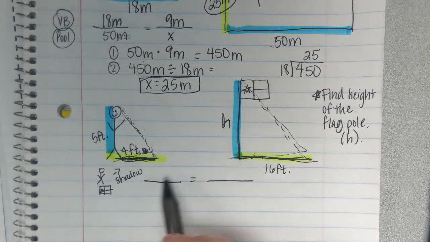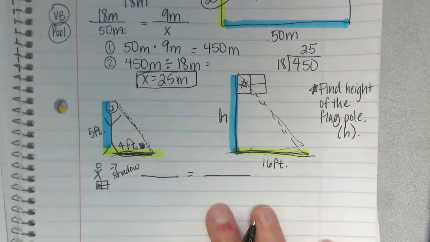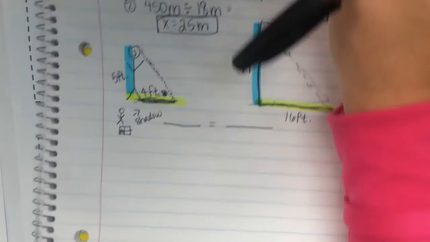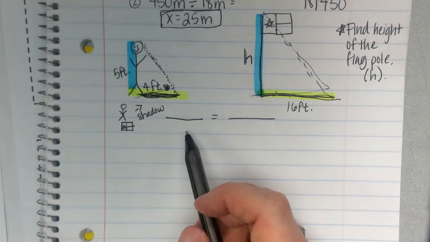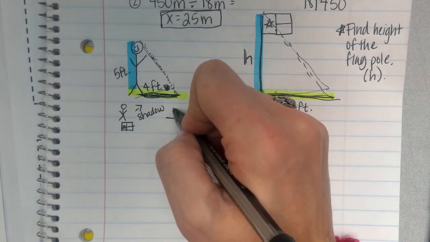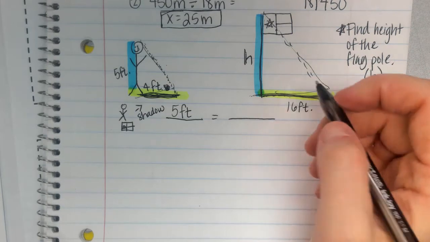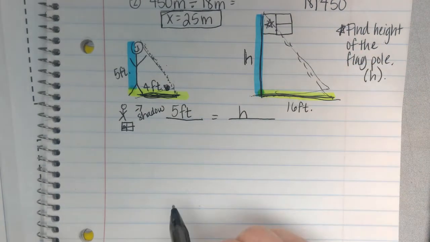The measurements of the person are going to be on the top and the similar measurements of the flagpole are on the bottom. So the person, we know he is 5 foot tall. We don't have the flagpole's height. Whoops.